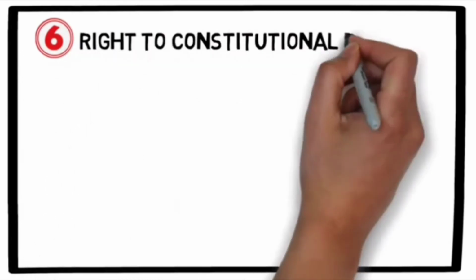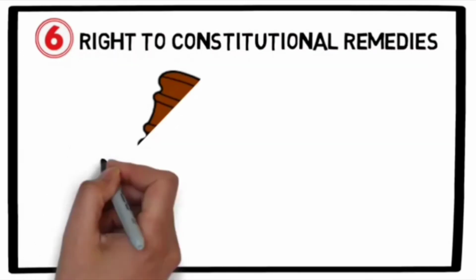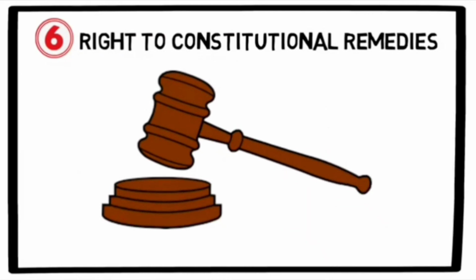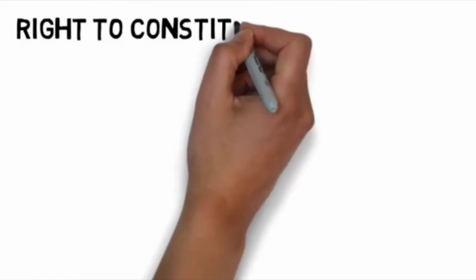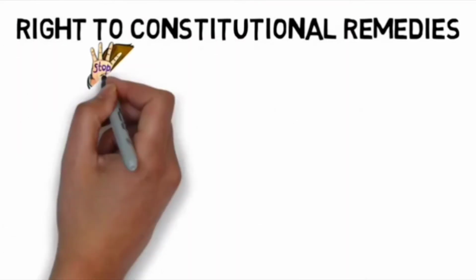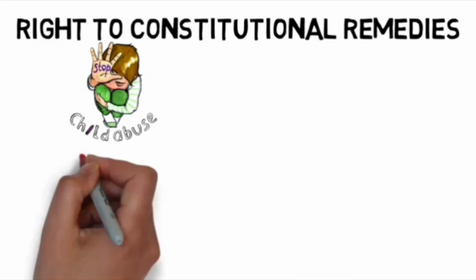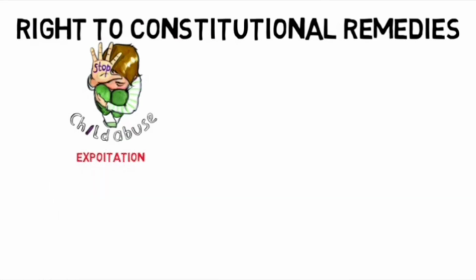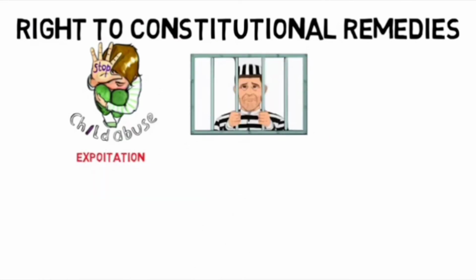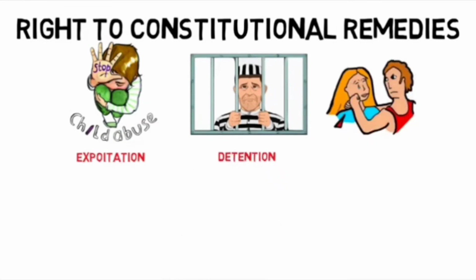The sixth fundamental right is right to constitutional remedies. What would you do if someone exploits you? Or a police arrests you for no reason? What could you do if a group of people hit you for practicing your religion and culture?